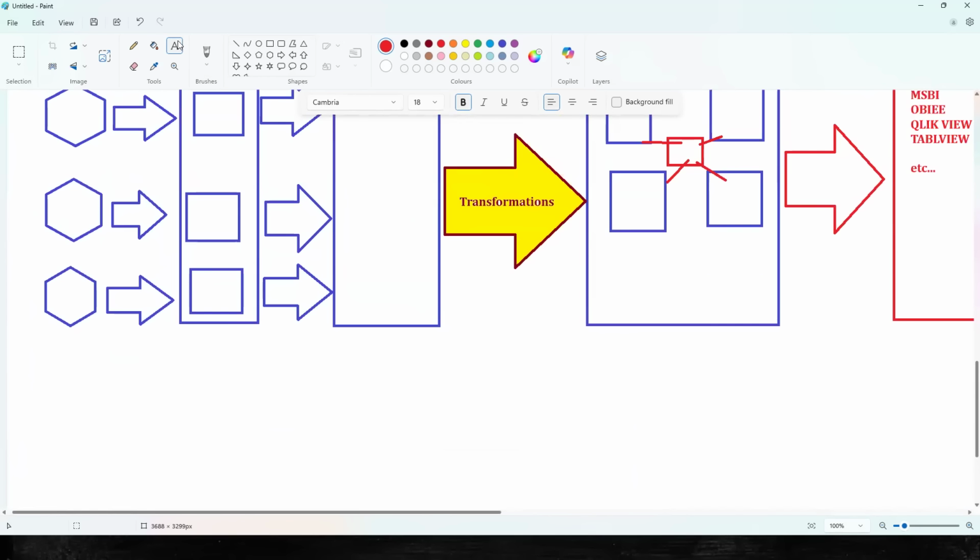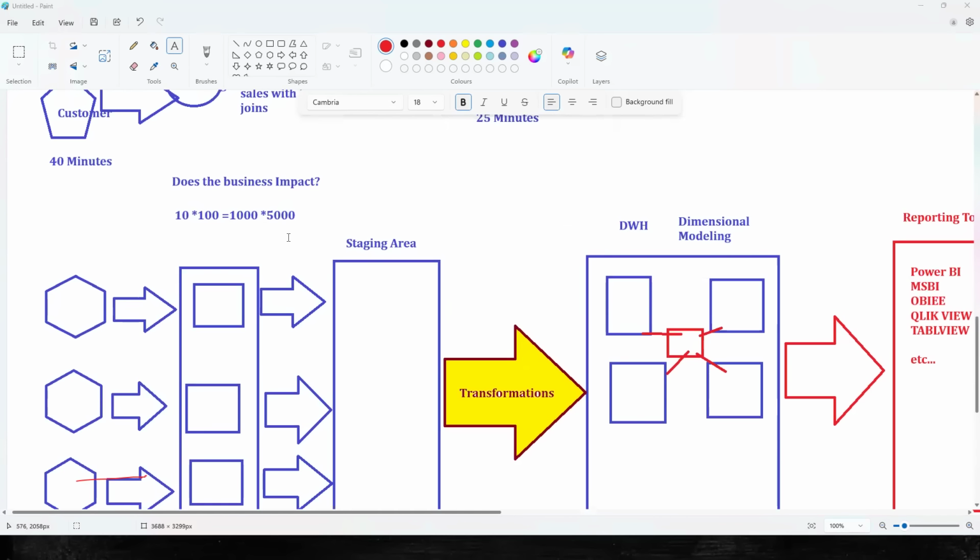That is the reason this particular thing is called the ETL process. Everybody clear? Are you getting the overview of ETL within 20, 25 minutes? Are you able to understand what exactly ETL is?